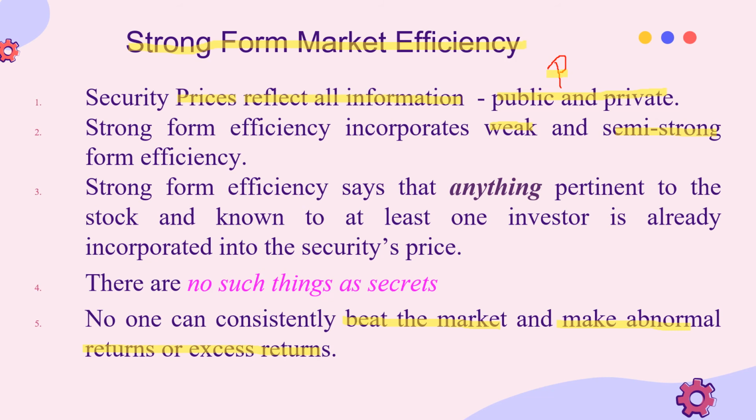Semua benda information apa yang berlaku dalam company ataupun dalam firm dah dibagi tahu secara public. So there's no such thing as secret. Tak ada info-info lain yang boleh disembunyikan lagi. Maksud dia, before investor nak jual atau beli the stock, market dah tahu everything. So, sebab tu, untuk investor buat abnormal return waktu strong form is impossible.